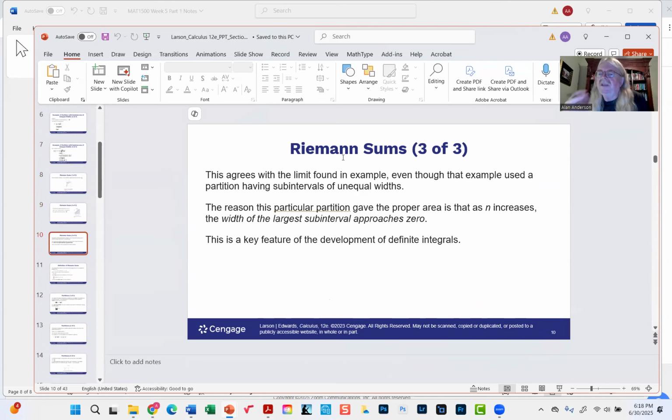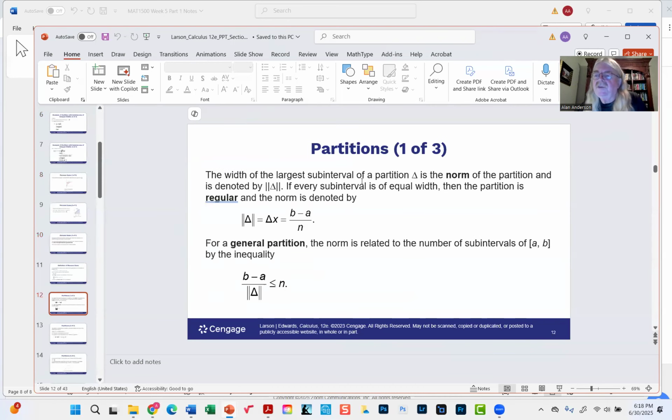Once we get to that point, we can see how to use the rules of integration to find our results without going through all of these steps. This is all very interesting, but it would take forever to get a result if we had to do this every single time. So we're going to learn how to apply the rules of integration to solve for these definite integrals.